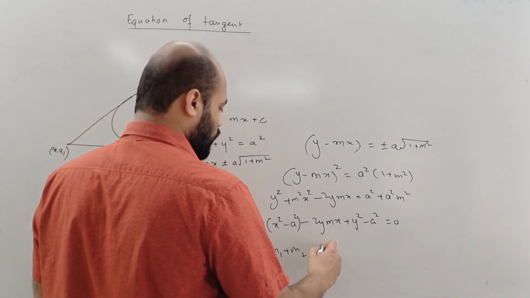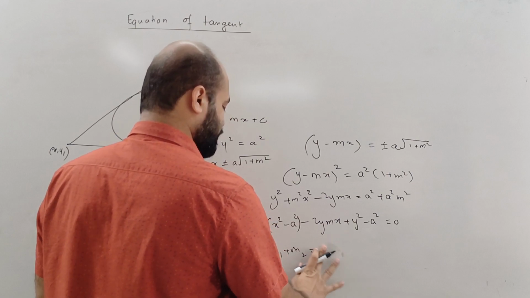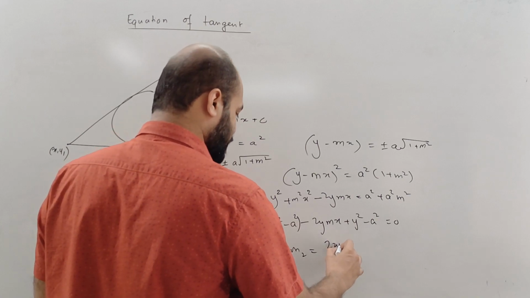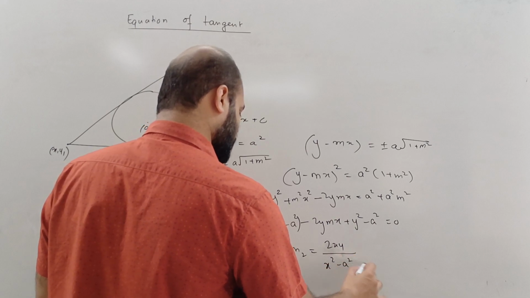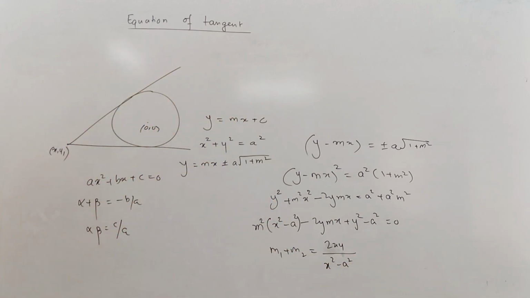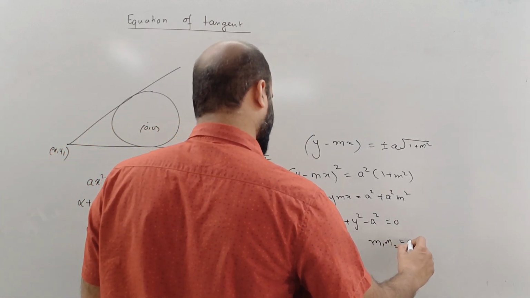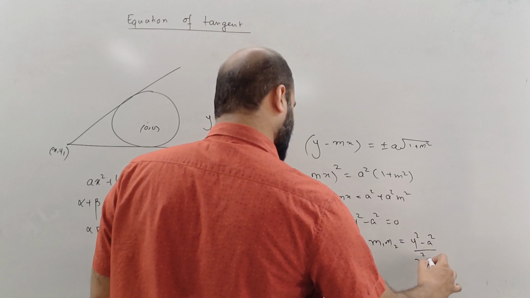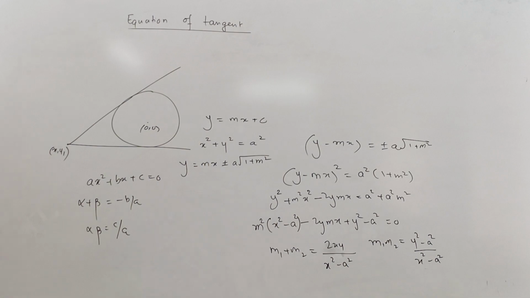So that's going to be looking like 2xy divided by x square minus a square. This is sum of the roots. Product of the roots, m1 m2, is going to be y square minus a square by x square minus a square. So we are going to use this as and when required.